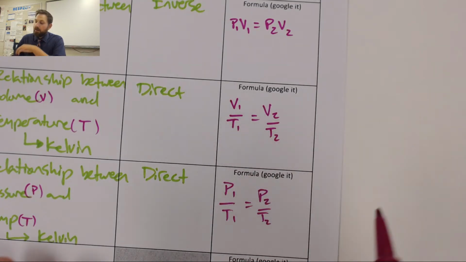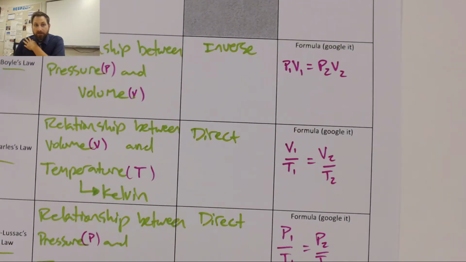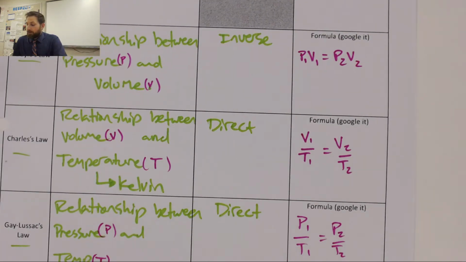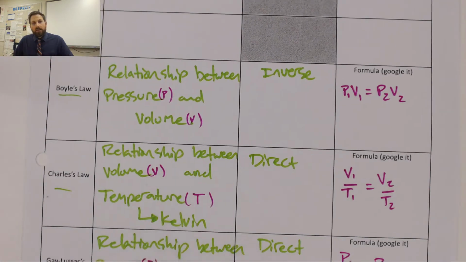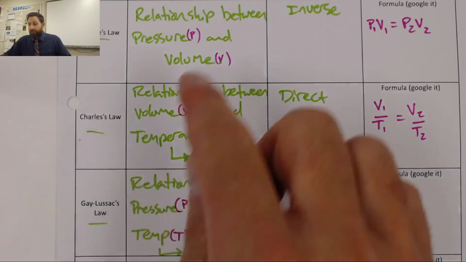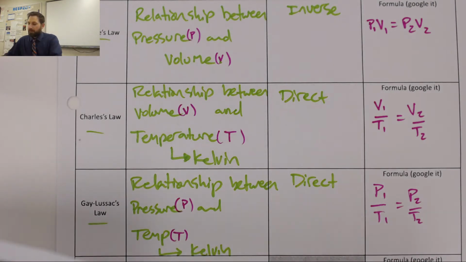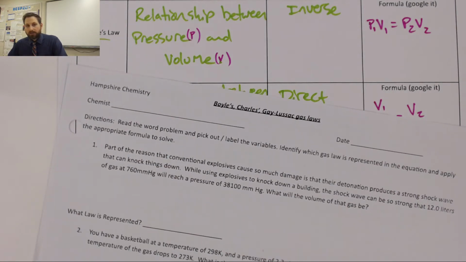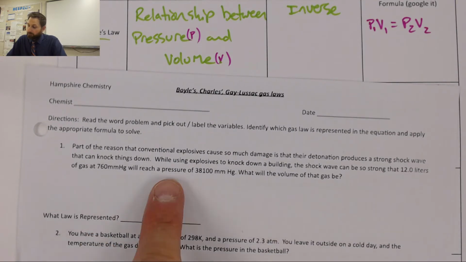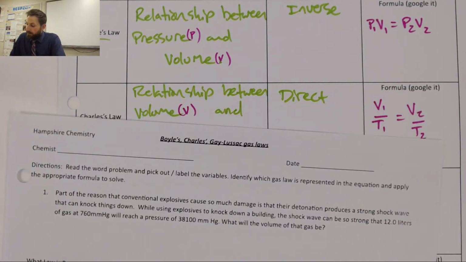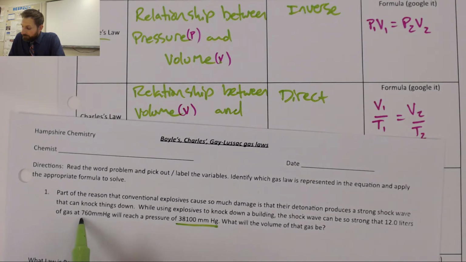So what I would like you guys to do for the rest of class today, we're going to go ahead and use these relationships, really the variables in pink. You're going to open the document that's right below this video and just read, and pick out your variables. Look at your variables.